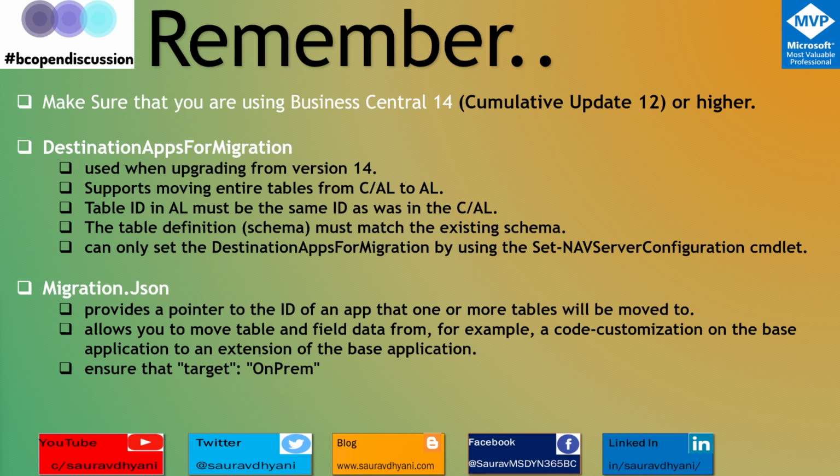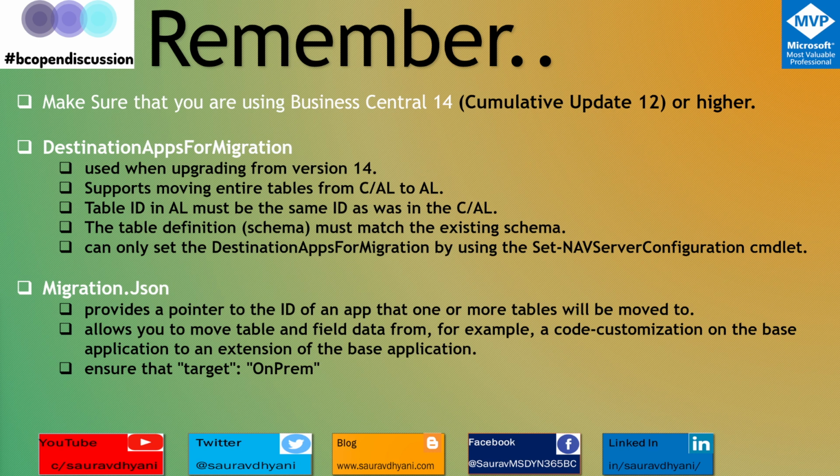There are two things that will pop up in this video, which you need to be aware of. One is destination app for migration, and another is migration.json. Let's understand both of these, because they will be used in this video and the following video.